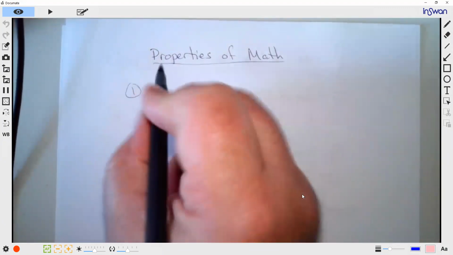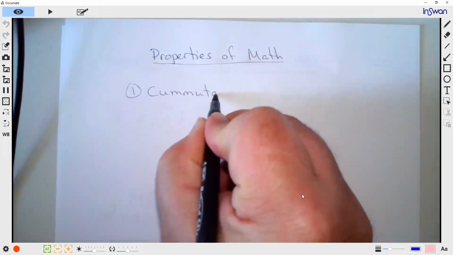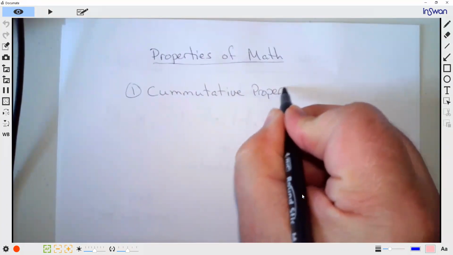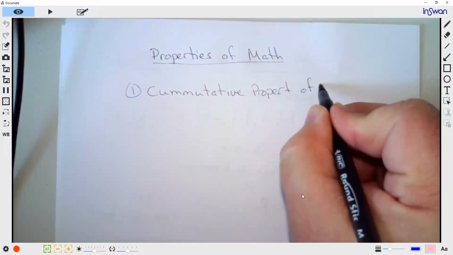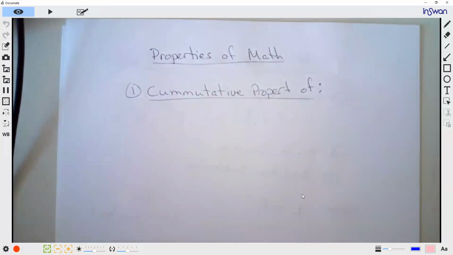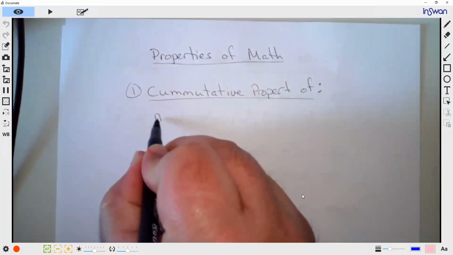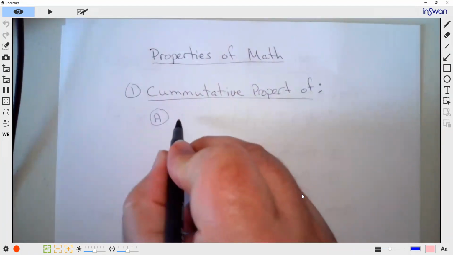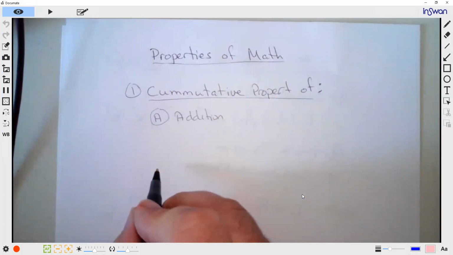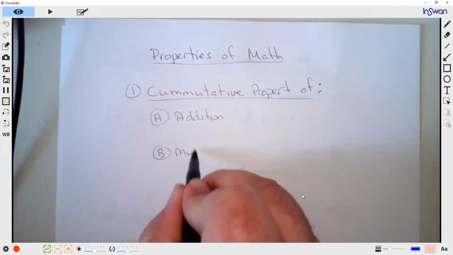The first thing we talk about is the commutative property of: Usually when there's a colon at the end, it means there's a list. Commutative property of addition and the commutative property of multiplication.